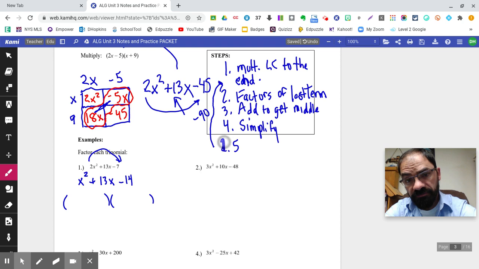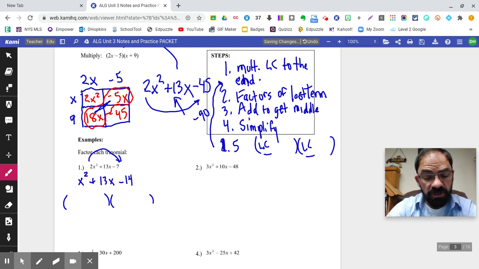Let's make it step 1.5: parentheses with that leading coefficient in the beginning of each parenthesis. So that 2 that I multiplied to the end, put a 2x in front of both of those.